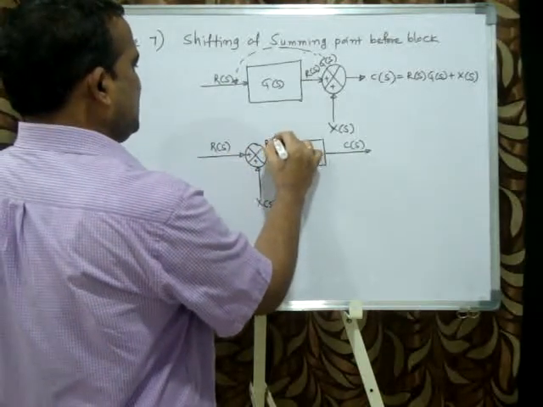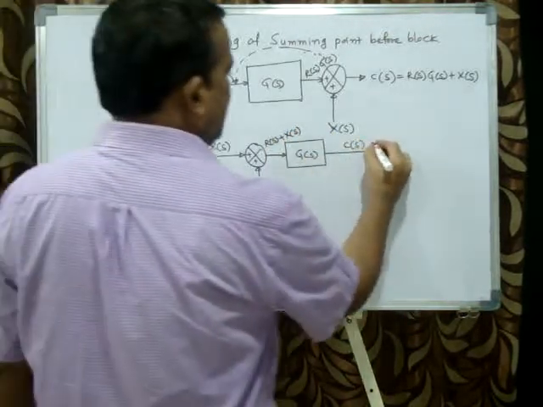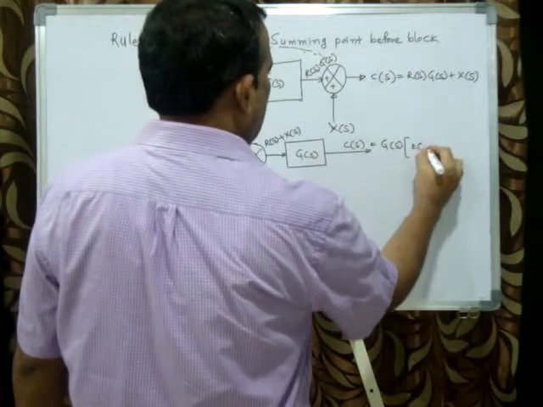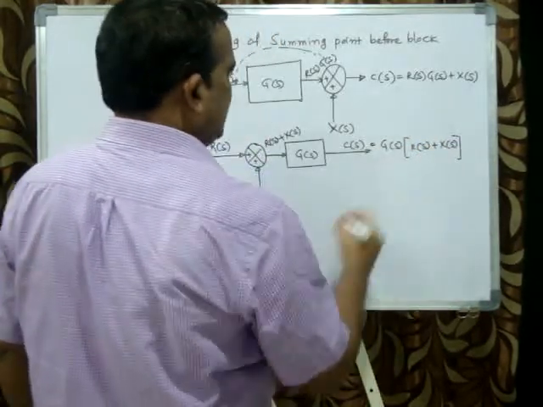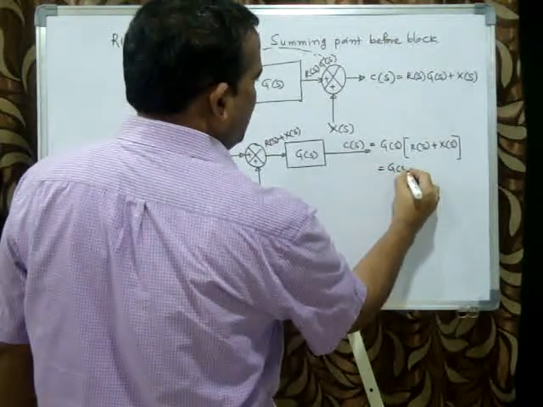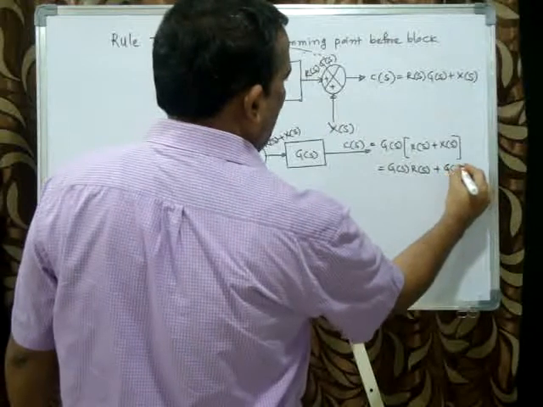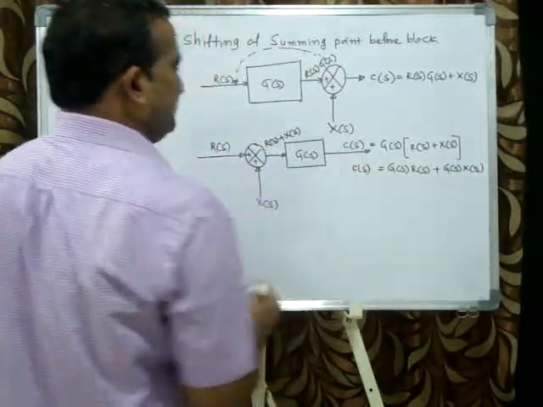R of S plus X of S, correct? Then what is C of S? Multiplying with G of S, R of S plus X of S. So ultimately G of S into R of S plus G of S into X of S. Okay, this is final.